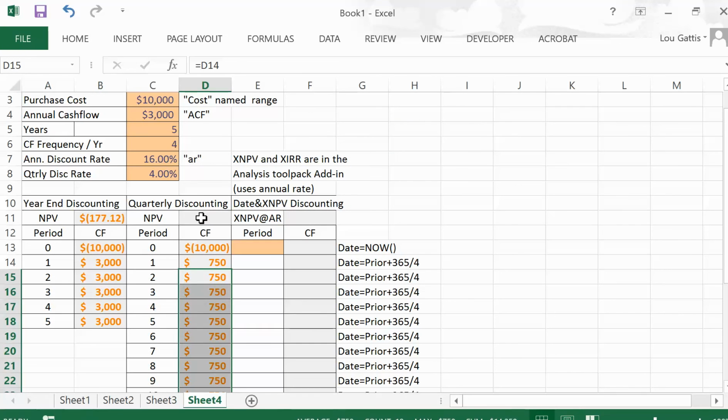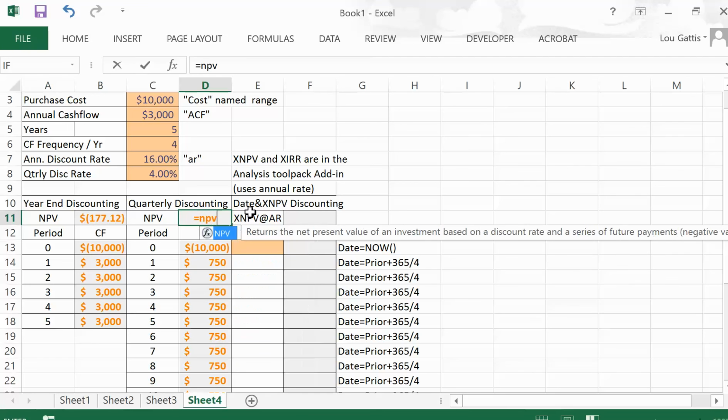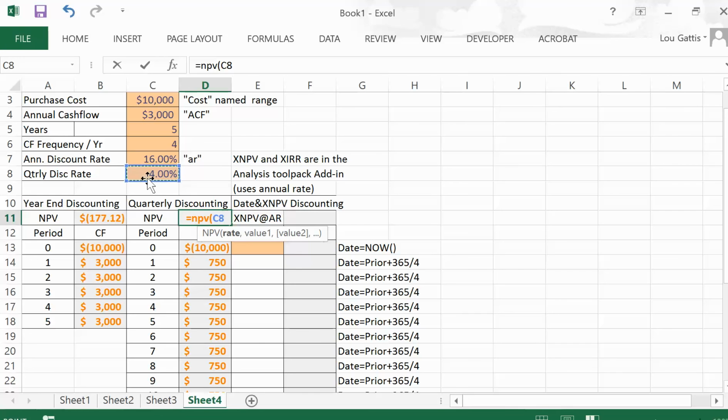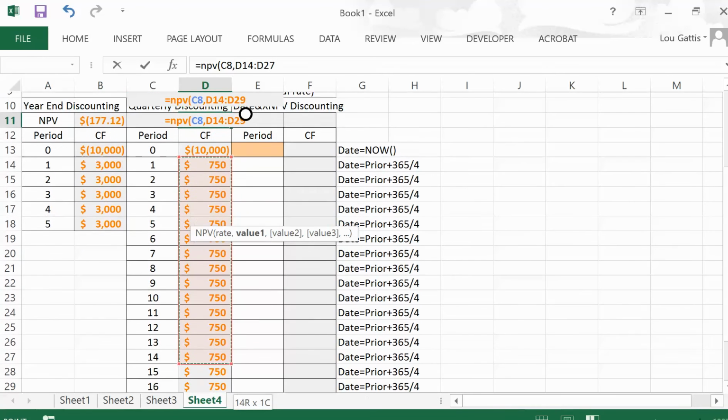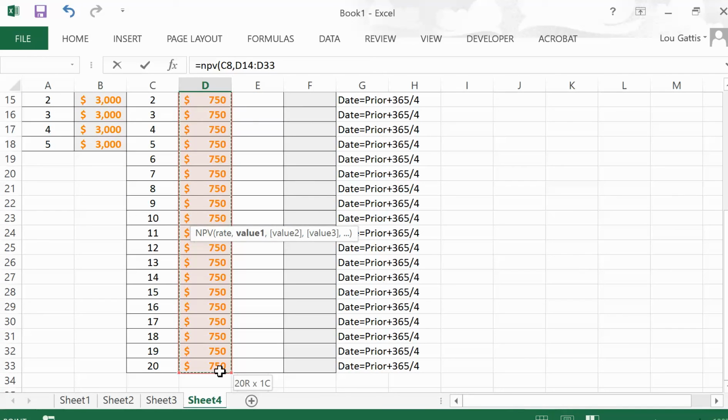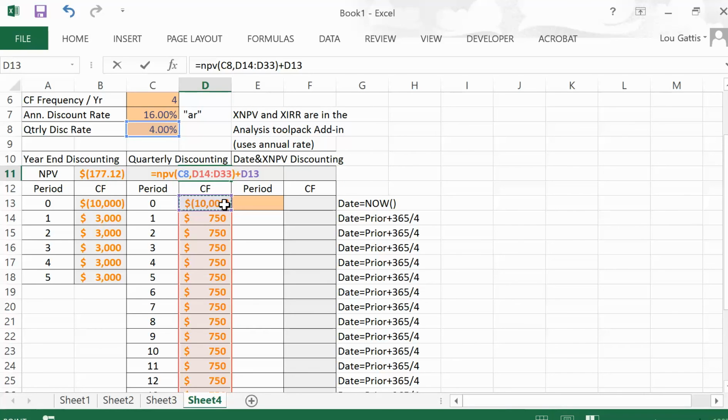All right, well, I can calculate the NPV of that. Now, since we're dealing with quarters here, I have to take the quarterly rate, which is just 15 divided by 4. So the quarterly interest rate is 3.75%. Put in my future cash flows, and account for the initial cash flow. Oh my goodness, look at that. Now I want to do the project.